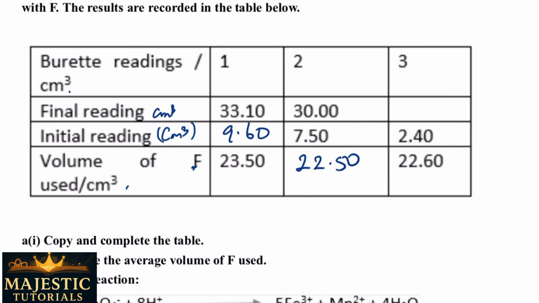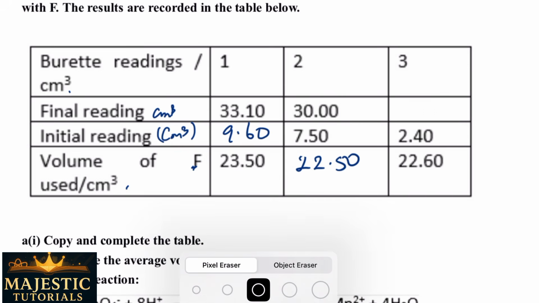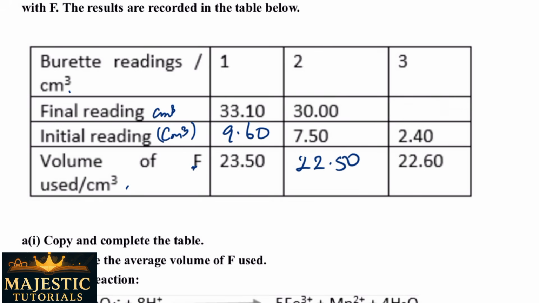This one, they didn't give us what is here. To fill in this gap, you always subtract the smaller from the bigger one, but not when you are given this volume of A used. So this was the answer gotten. You sum it up here instead. So we will call here x, for example.